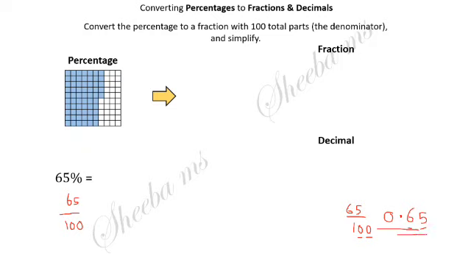And here we want to make it into a fraction. So you can write 65 by 100. It's a fraction form only, but if we can simplify this, we can. Is there any common factor here? We can divide both the numbers by 5. How many 5s are in 100? There are 20 5s in 100. How many 5s are in 65?